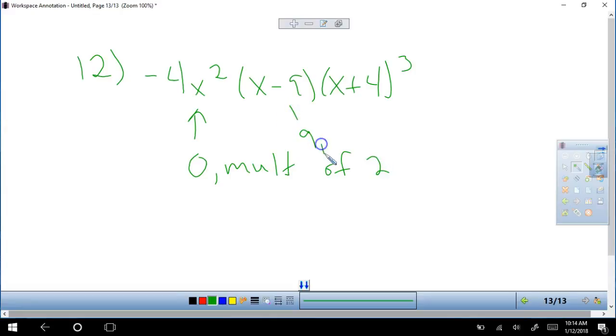This one's 9 is my 0 with a multiplicity of 1. And this one, my 0 is negative 4 with a multiplicity of 3, because 3 is the power it's being taken to. Alright?